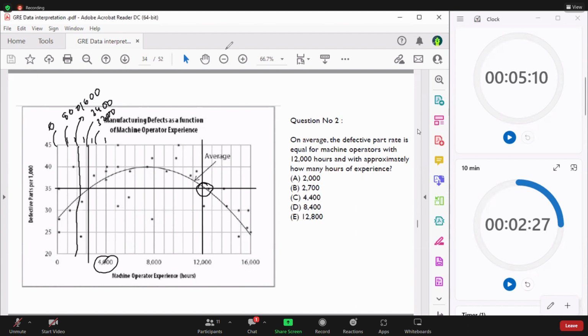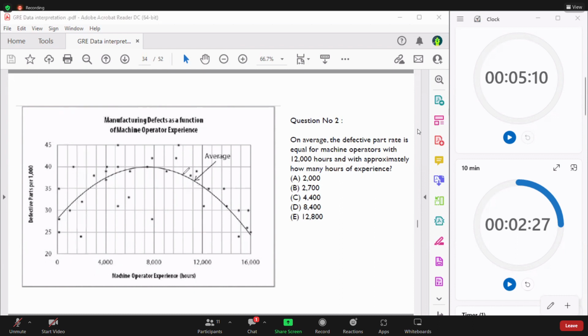And we can see here that if we draw a horizontal line from here to here, because it is 12,000, it is cutting the graph on this particular point.